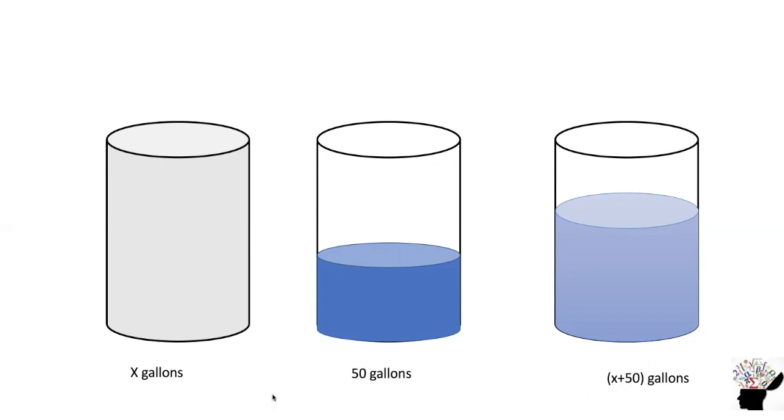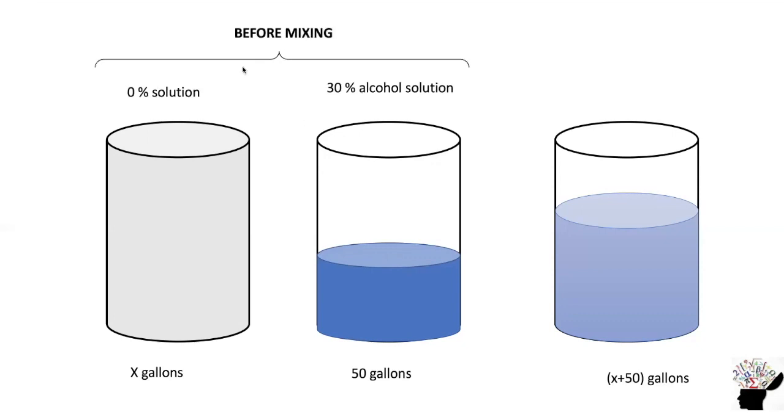Okay. Now, before mixing, the alcohol percentage in distilled water is 0%, as we already know. Then we have 30% alcohol solution. Then after mixing, the question said that it's 25% alcohol solution.